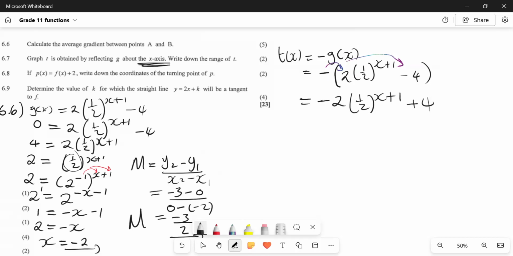And they are looking for the range. So now we can say, therefore, we are simply focusing on this. So the range would be, where do we see our graph? In terms of y, which means we need to focus on our y. So y is an element of negative infinity to positive 4. That's where we see our graph. Or you can say y is less than 4.